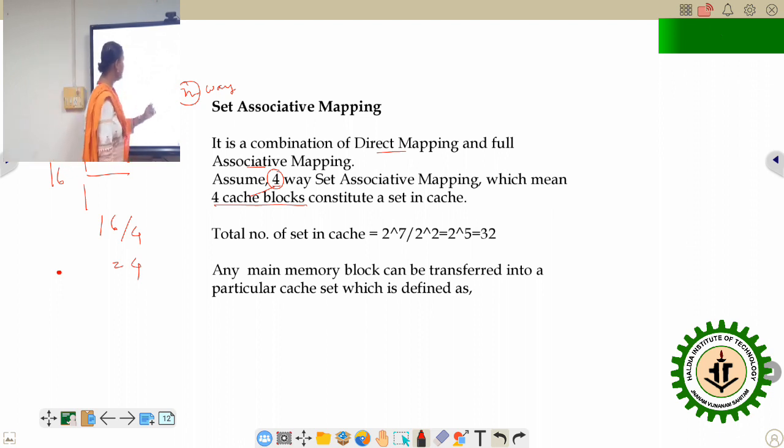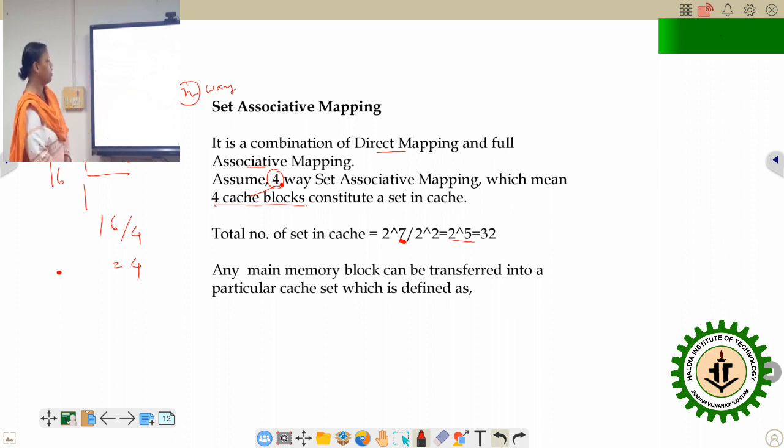As per our example, if the total number of blocks in the cache is 2 to the power 7, then 4-way means dividing by 2 to the power 2, so 2 to the power 5 equals 32 sets are present in your cache.